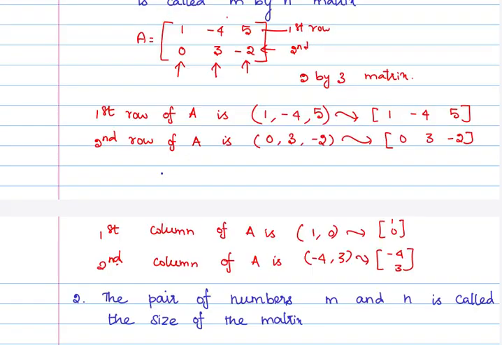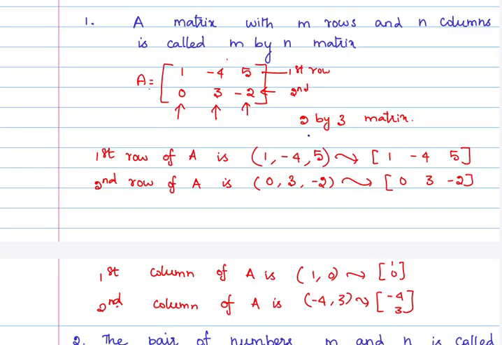So the size of this matrix is 2 by 3, that is, 2, 3.